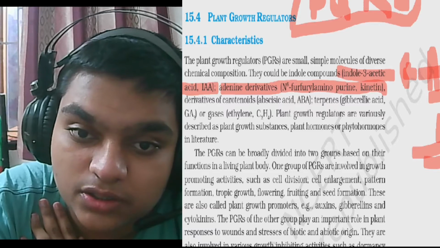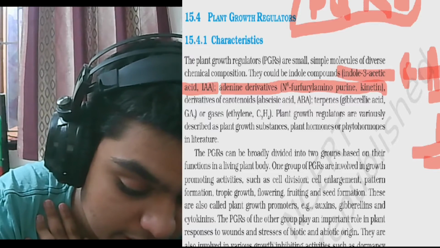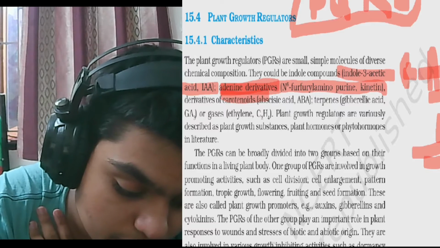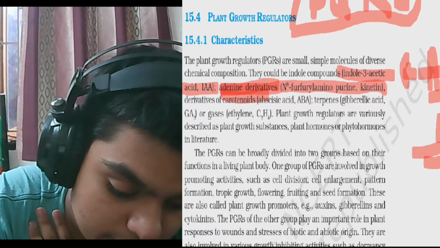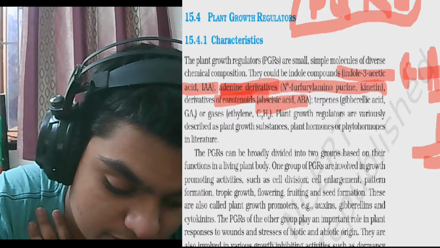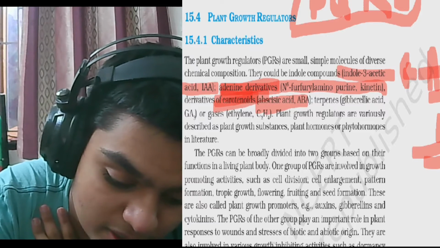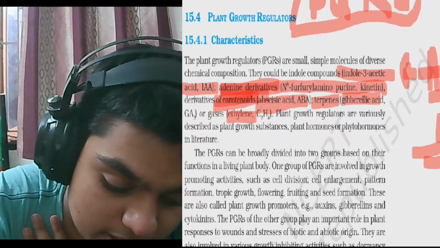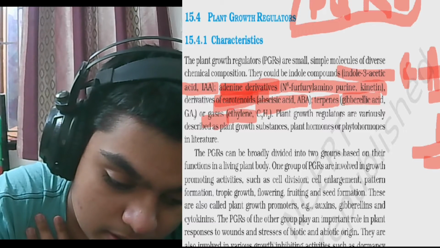Kinetins or cytokinins are the derivatives of adenine. Abscisic acid is a derivative of carotenoids. Gibberellic acid is a derivative of terpenes. Ethylene is a gaseous PGR.